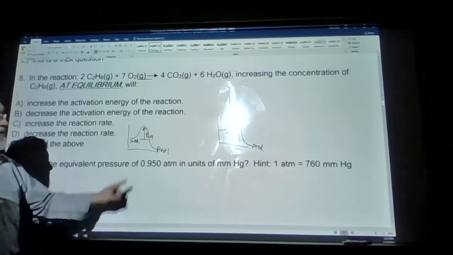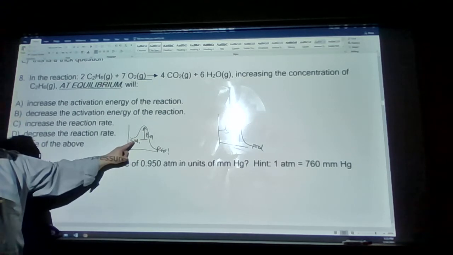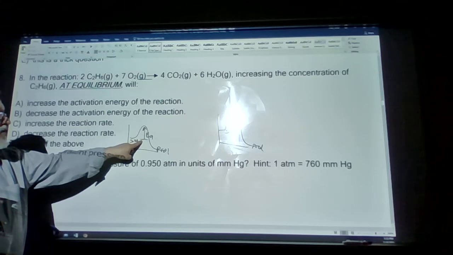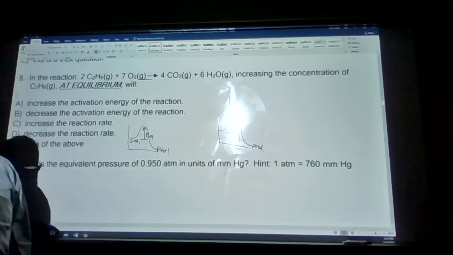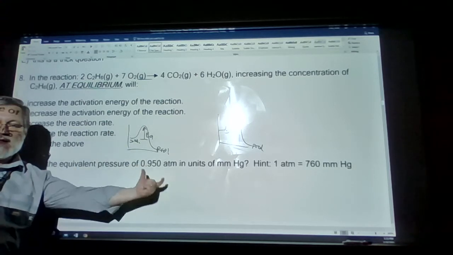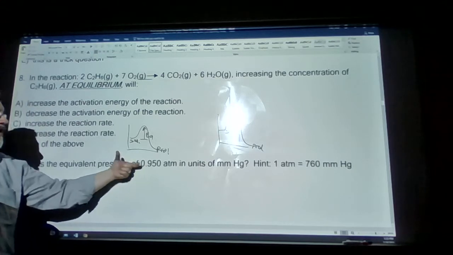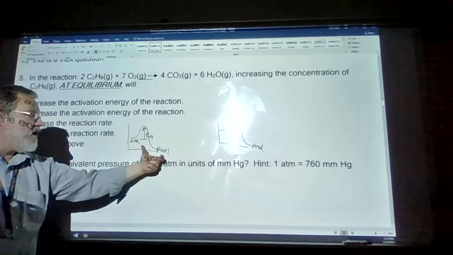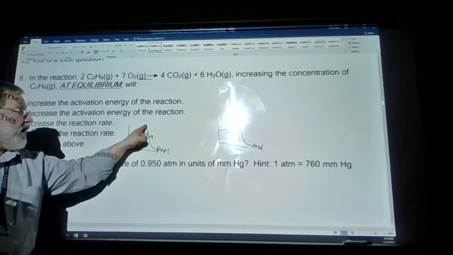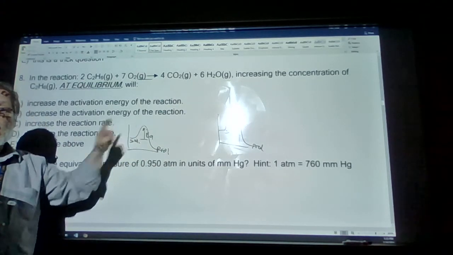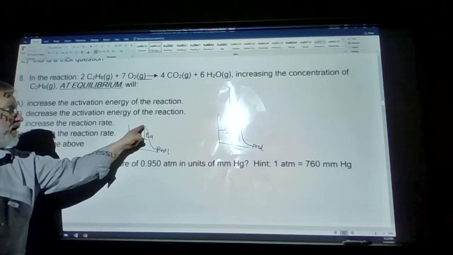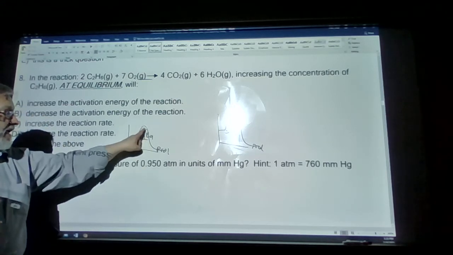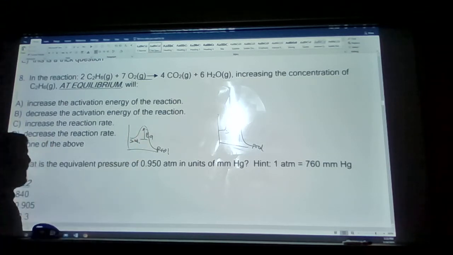The activation energy, E sub A, is the energy that it takes to get from the starting material to an intermediate, a transition species, where it's not really starting material, it's something else, but it's not yet product. Bonds are beginning to break and new bonds are beginning to form. So the energy that it takes to get there is called the activation energy.